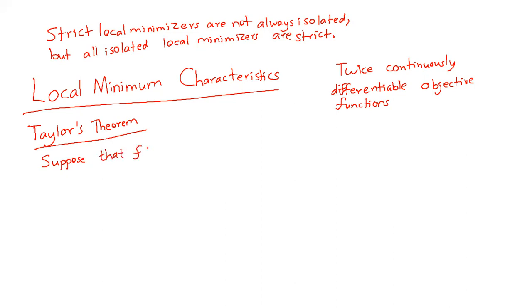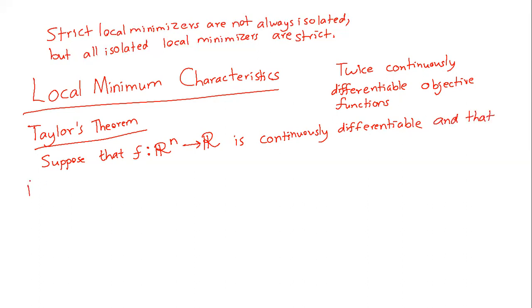But suppose that f maps, here again, our objective function can take a vector valued input of all the decision variables, but it does have to give a scalar output because we're optimizing a scalar function, and it's continuously differentiable. And there's some vector p also in R to the n, the same space as the decision variables.